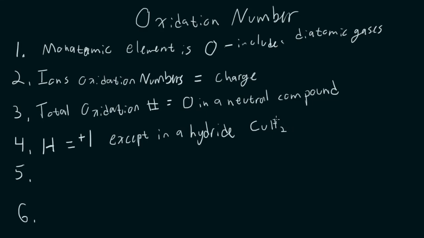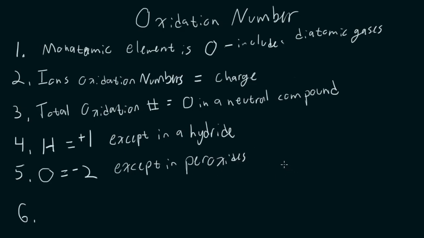So for all intents and purposes, you can pretend that there's no exception to this rule, and hydrogen is always going to be +1. Rule number 5, oxygen is going to have a -2 charge, except in peroxides. A peroxide is going to be something where we have O2 with a total of a -2 charge. In that case, its oxidation number is going to be -1. Each oxygen would have a -1 oxidation number. And that would really align with that ion's oxidation number.